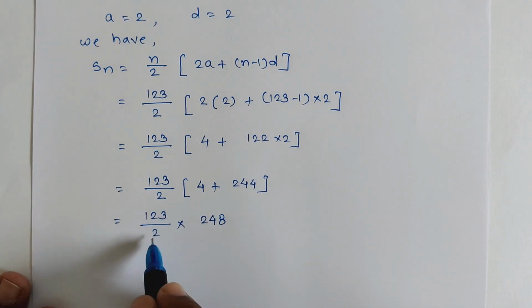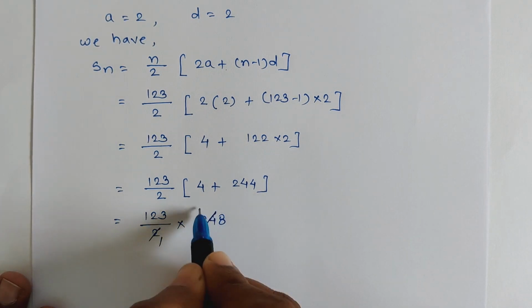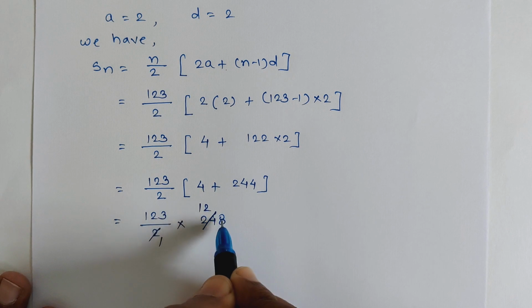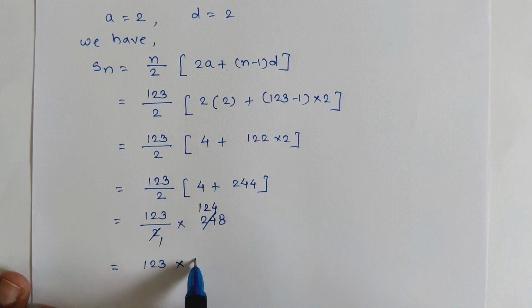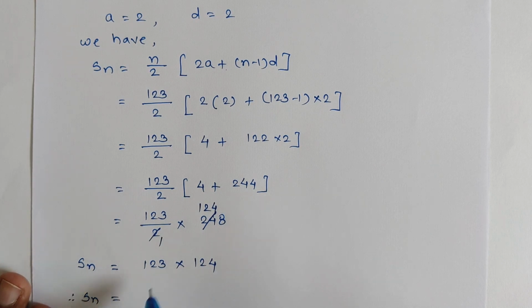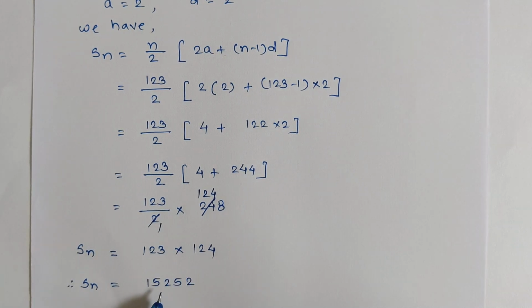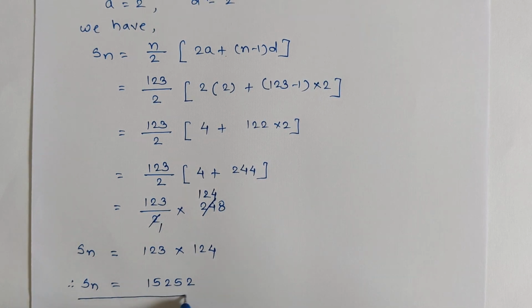If we simplify, 2 1s are 2, 2 2s are 4, and 2 4s are 8. So that is equal to 123 into 124, which is Sn. If we multiply these two, we get 15,252. So this is the sum of first 123 even natural numbers.